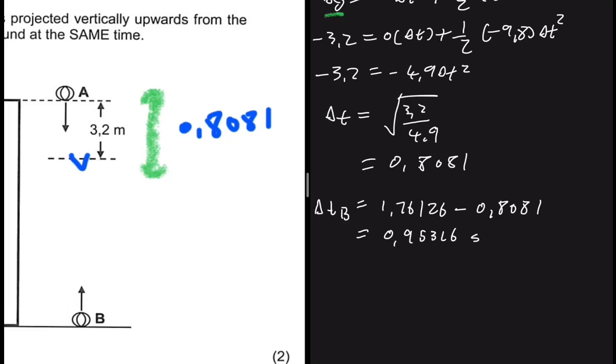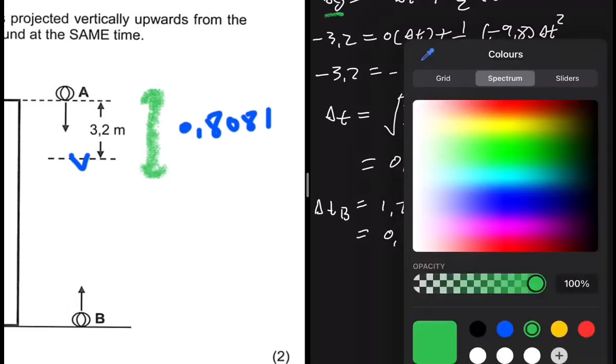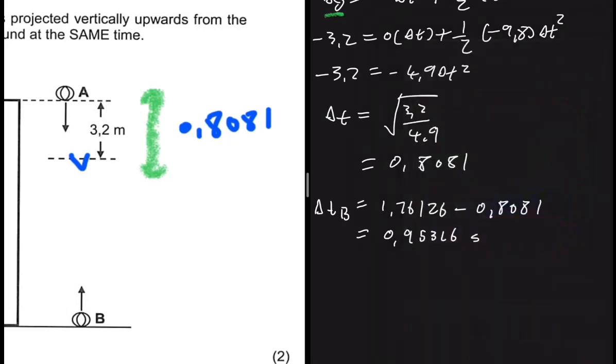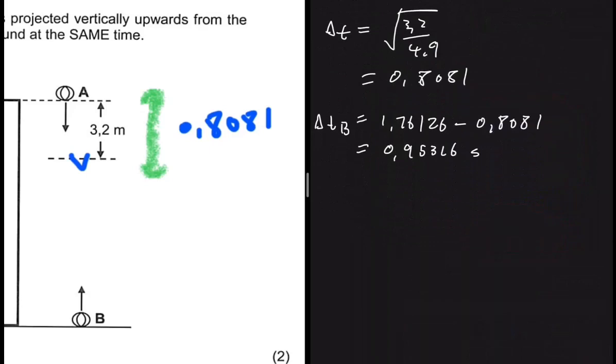Let's revisit the information we have for ball B and see if we can find that VI. We have the time for the total motion, and VI is still our unknown. We have the acceleration, which is minus 9.8 meters per second squared. If we take the motion from the ground to the maximum height, we have a VF which is equal to 0.